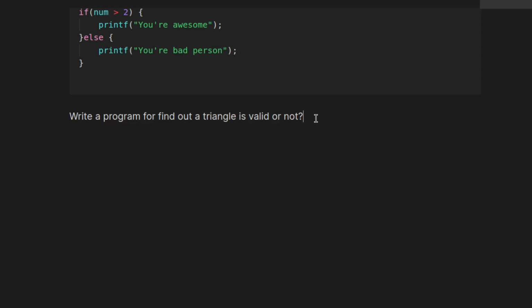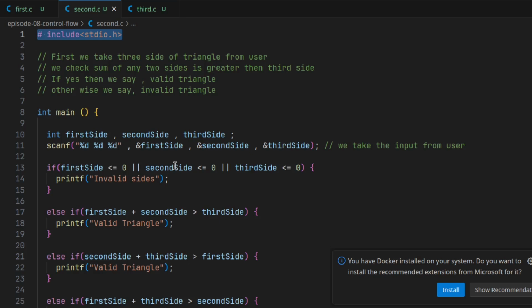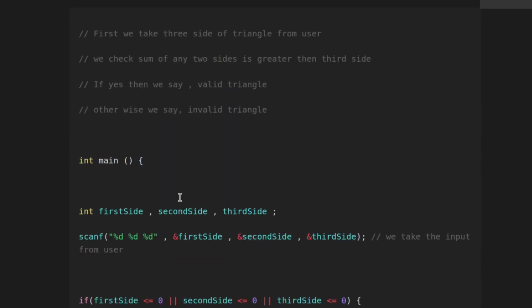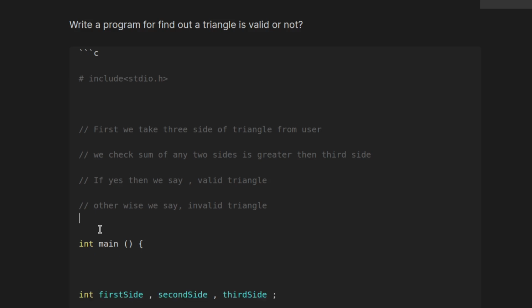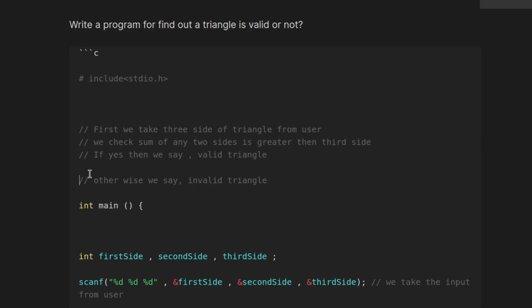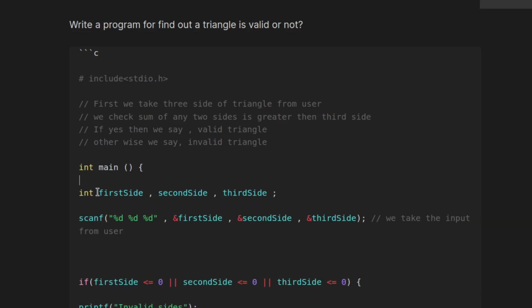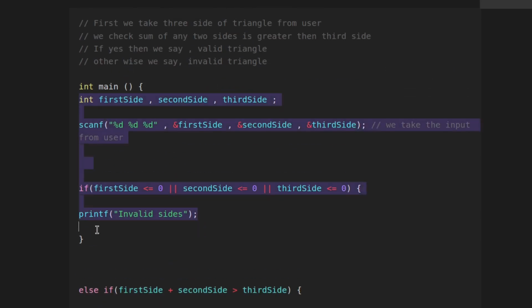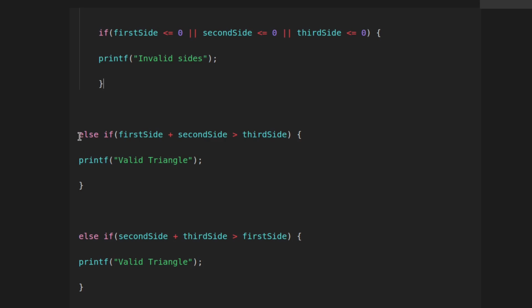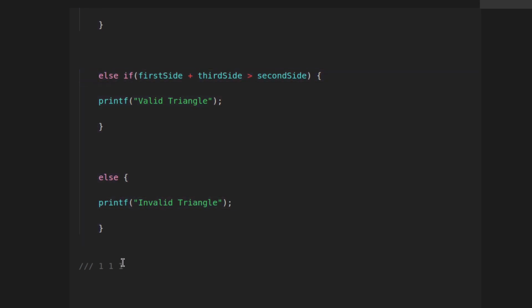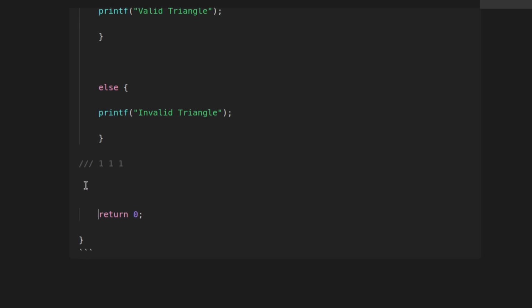Then if you are asked to write a program to find out whether a triangle is valid or not, we write the program, I think in second.c. Let's copy all and paste. Remove the space. Also give the space here.